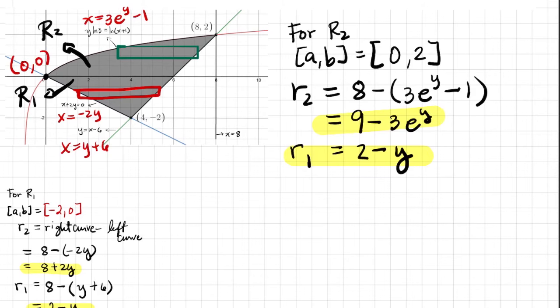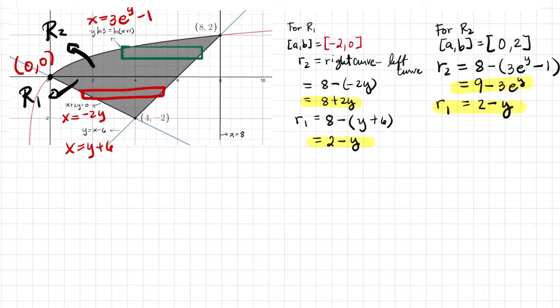Okay, so we can now set up the sum of definite integrals that will give us the volume. So V, again, is equal to VR1 plus VR2.